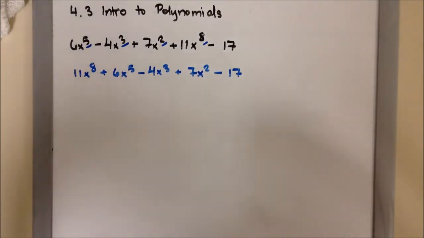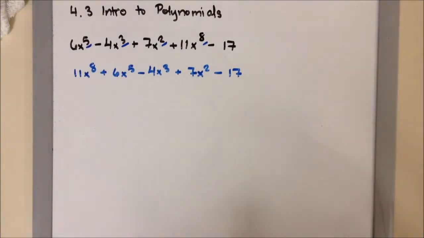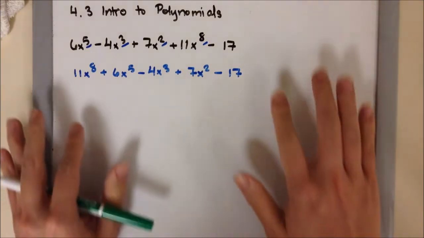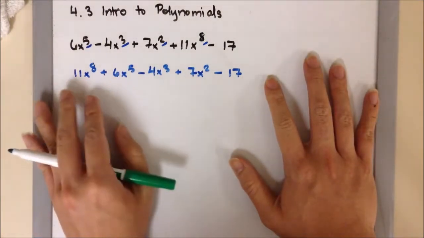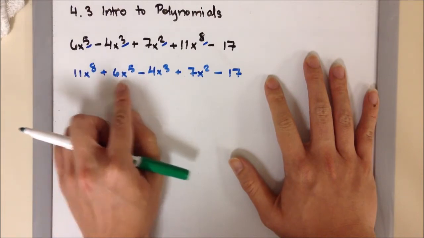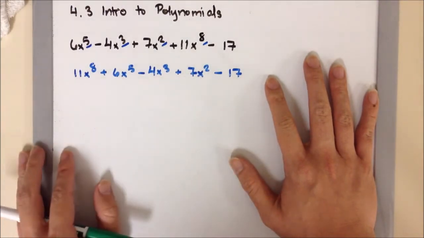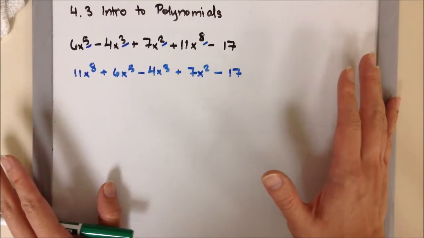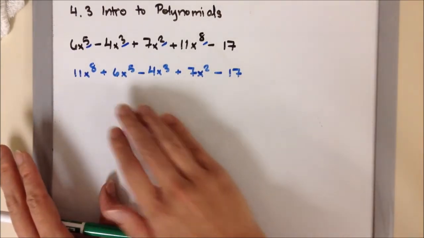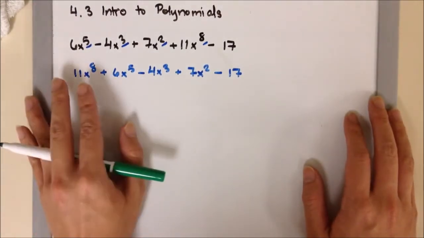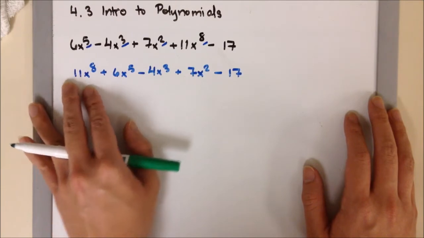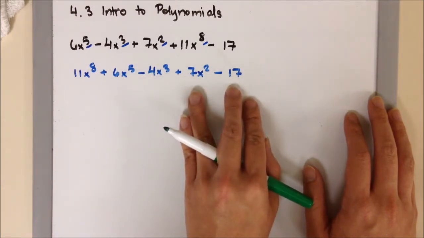So make sure you are able to put it in order based on the exponents. And in this example, you actually have 5 terms: 1, 2, 3, 4, 5. So in this example, I was able to put the terms in order starting with the largest or highest to the lowest or least.